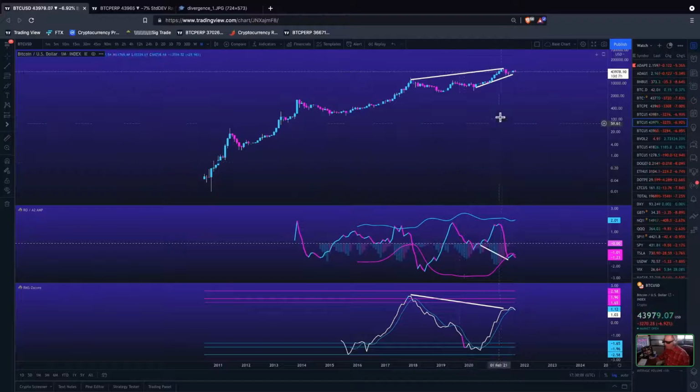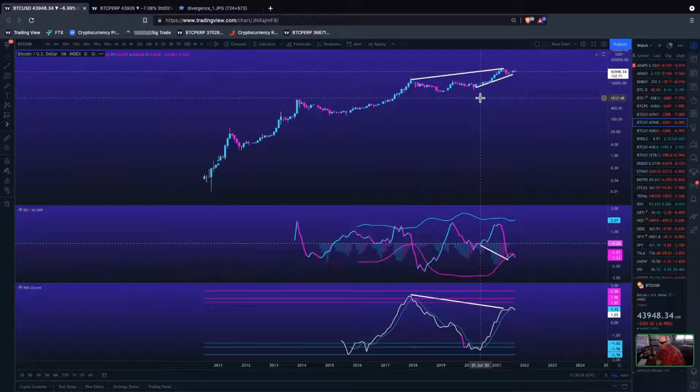So when we originally got this pullback from 65K down to the 28K area, that was bear divergence on a monthly: lower high on the indicator on the Z-score, higher high on price action.